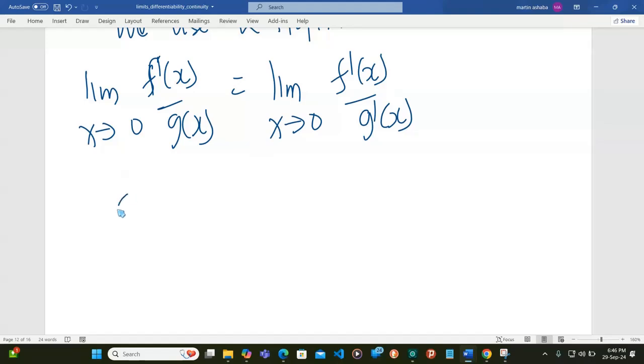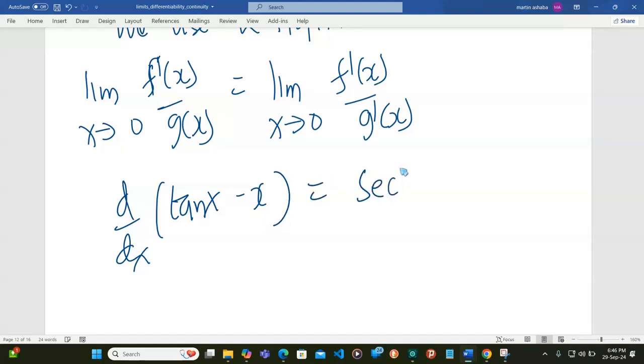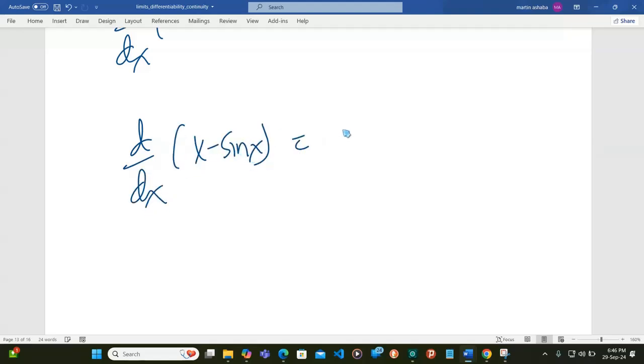So we need to look for the derivative of tan x minus x. This is the same as sec squared x minus 1, since the derivative of tan is sec squared x. Then what is the derivative of x minus sine x? This is the same as 1 minus cos x.